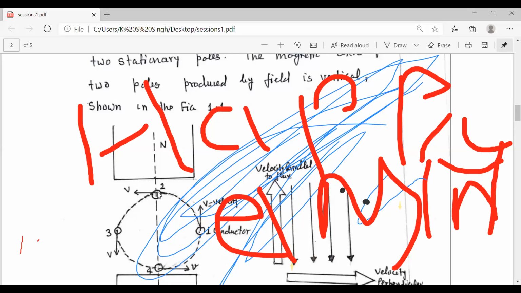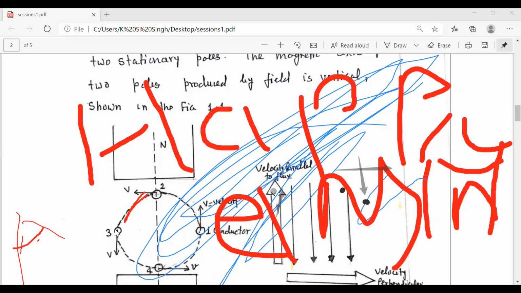Now, when the conductor is moving from point 2 to 3, voltage is still induced in the conductor, but it is decreasing, and up to point 3 it decreases.